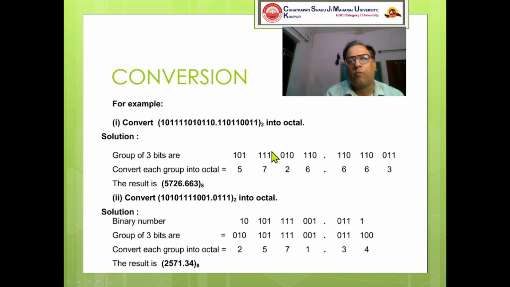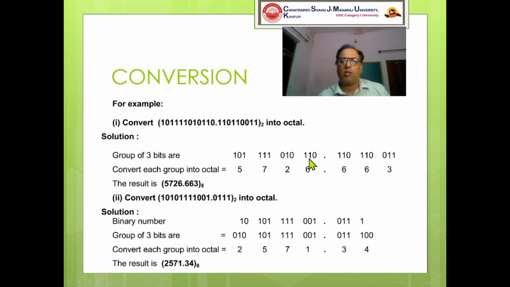First combination is 110, then after that it is 010, then it is 111, and so on, 101. And after the decimal point, again I am taking 110, 110, and 011.